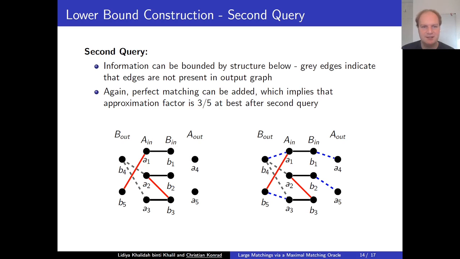This absence of edges is learned because the matchings that are returned are maximal matchings, and this allows us to determine that some edges are definitely not in the graph. Again, we see on the right side that we can include these 4 blue edges and form a large matching of size 5 in the input graph together with this edge A2, B3. So we're still not better than a 3/5 approximation.